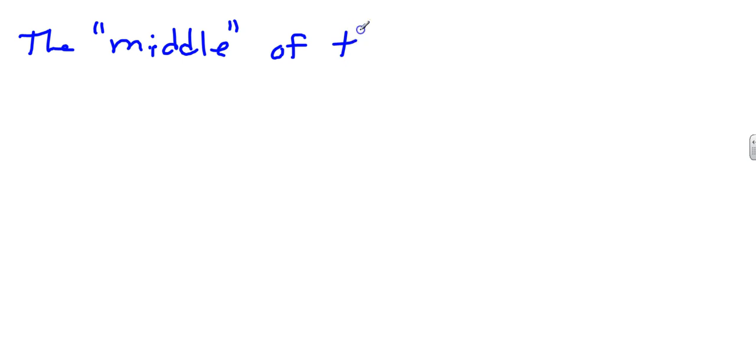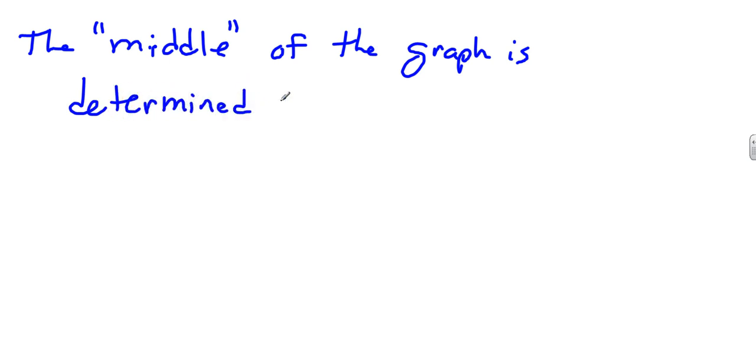Okay. After they've gone through this, here's where we're going to figure out what's happening in the middle of the graph. The middle of the graph is what they're going to determine by the zeros.